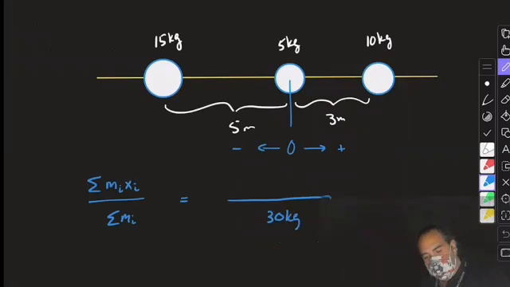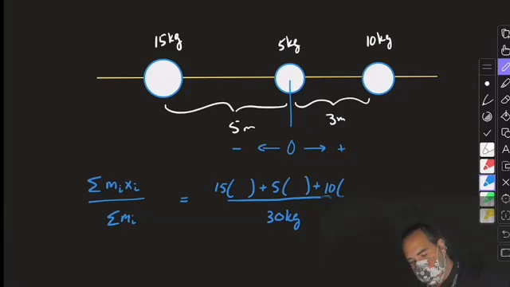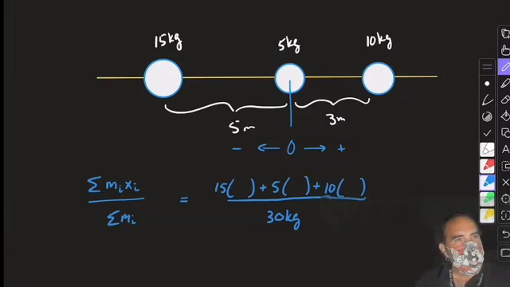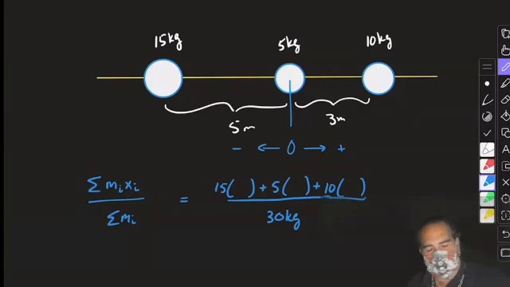Now, the top, a little more. I've got 15 times its location, plus 5 times its location, plus 10 times its location. I'm doing this on purpose to be as explicit as possible so that everybody can have access to this. The 15 kilogram mass is -5 meters from my reference.